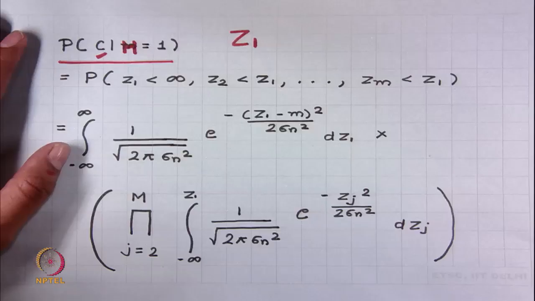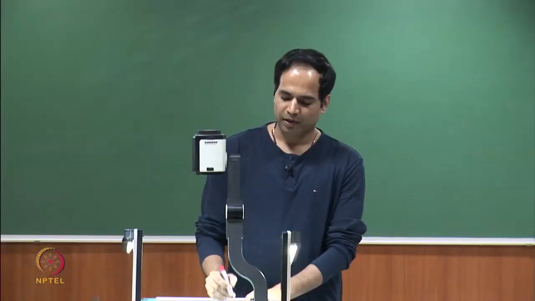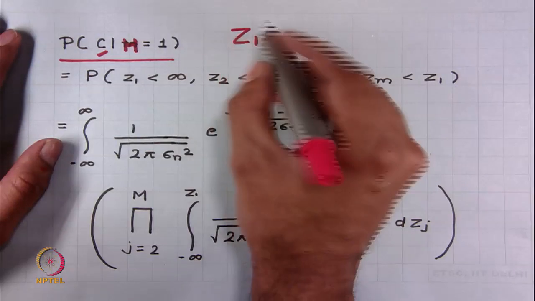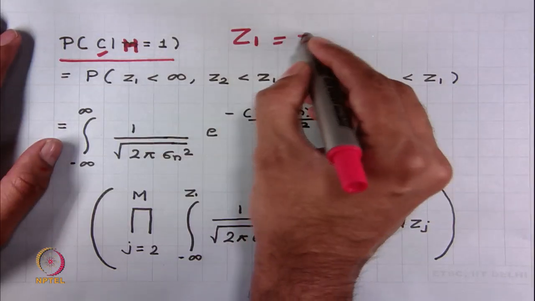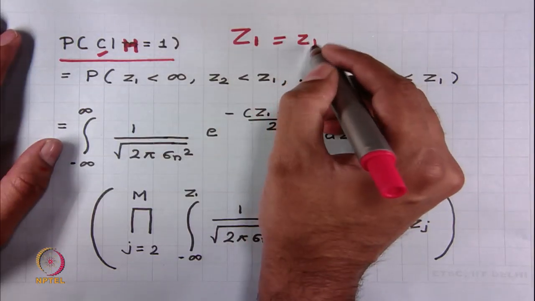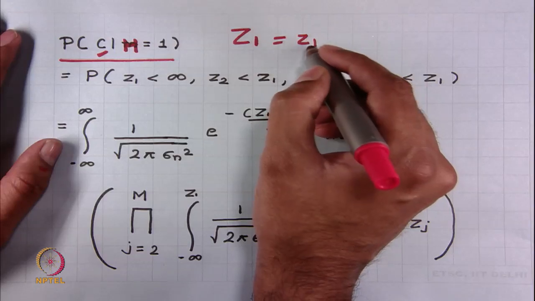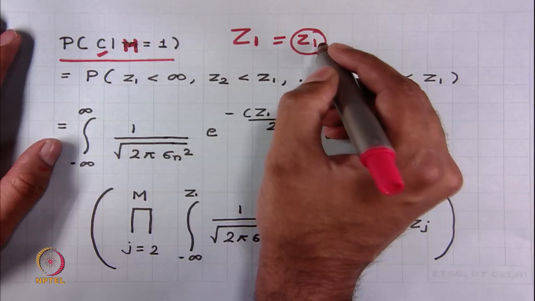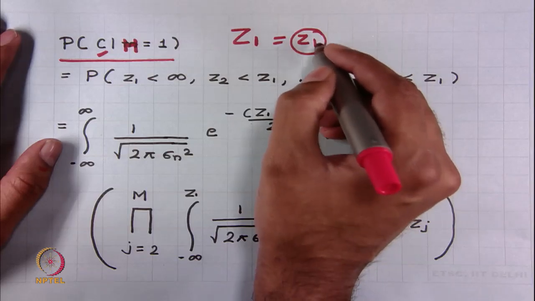That corresponds to the probability of being correct. So if we assume that this random variable has a numerical value small z1, then you want this z1 to be the largest.